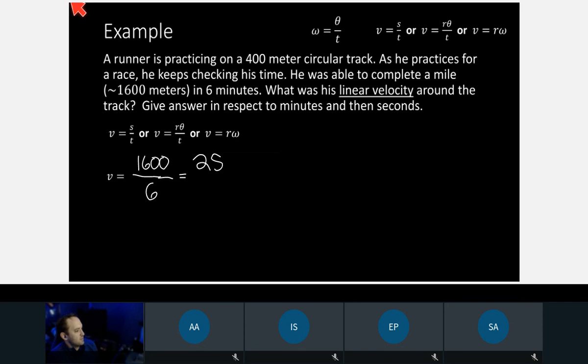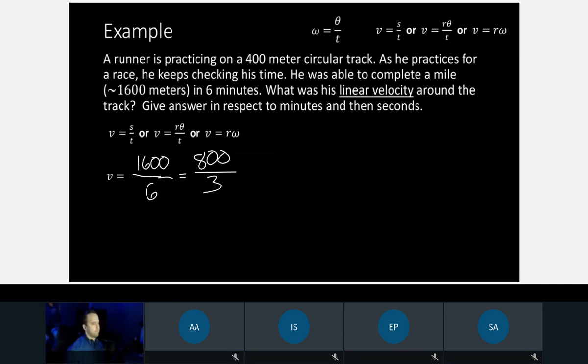You're right. I was giving the decimal answer, and I even told you guys to give me the reduced fraction. Okay, so 800 over 3, and what's the units?